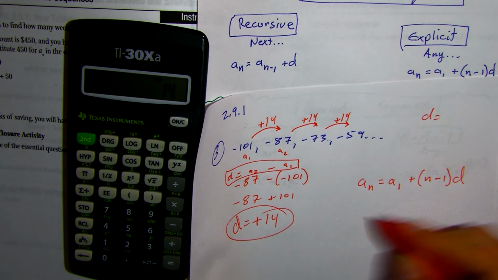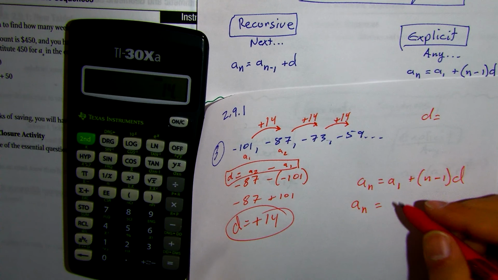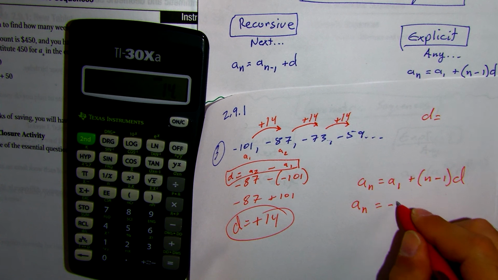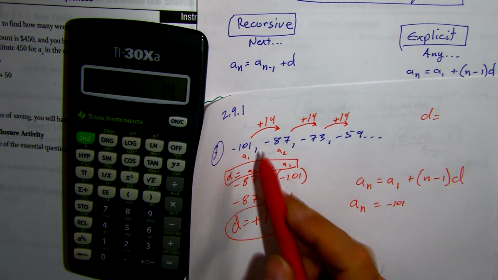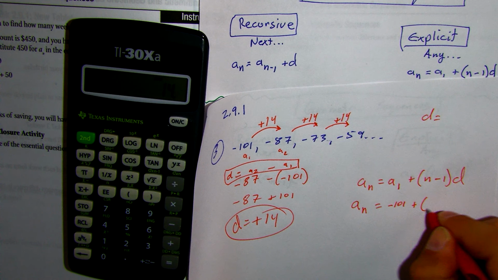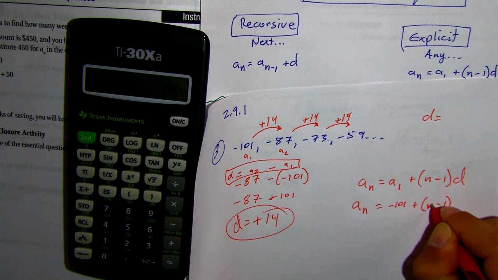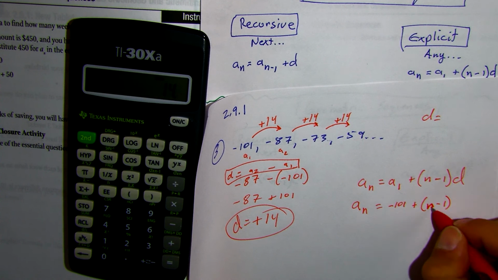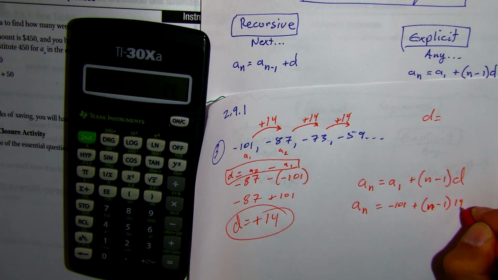Let's put in what we know. We know that a sub 1 is negative 101, because it's the first term in my sequence. And then I'm adding to that n minus 1. I'm not manipulating n because I want to leave it so I can plug in any n value. And then I'm going to put 14 out here.